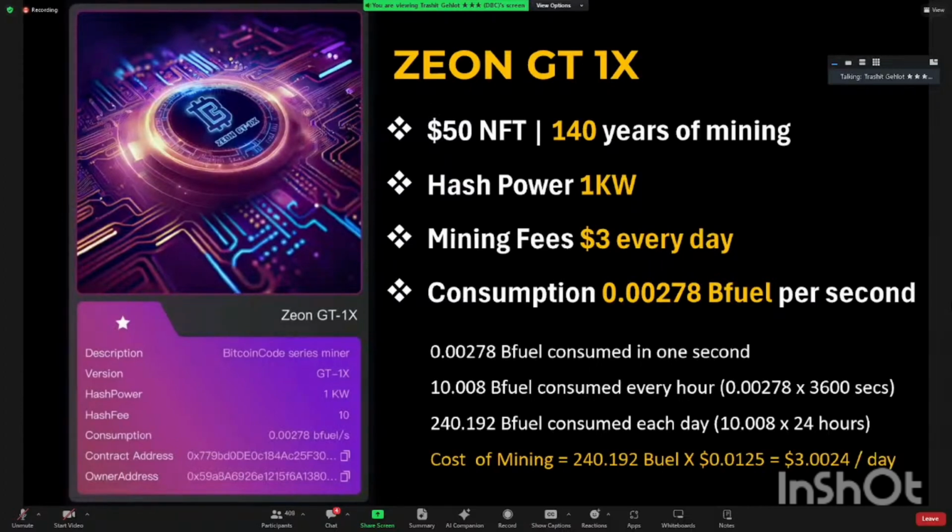So depending on the price value of the coin, you will make a profit or you will make a loss, right? The cost of mining is fixed, $3 every day using this NFT. But what you are mining is BTCC. So BTCC might appreciate, and this cost of mining would be like nothing for you sometimes.